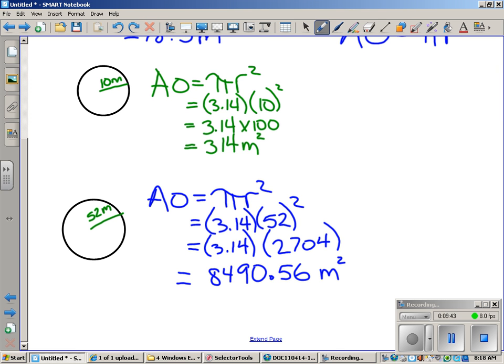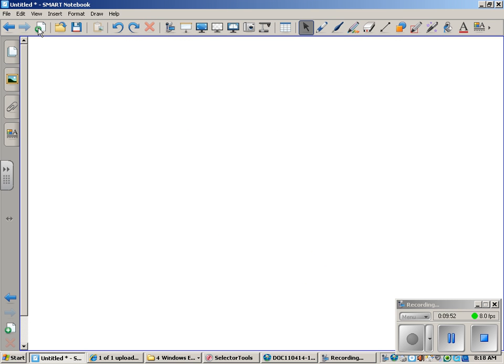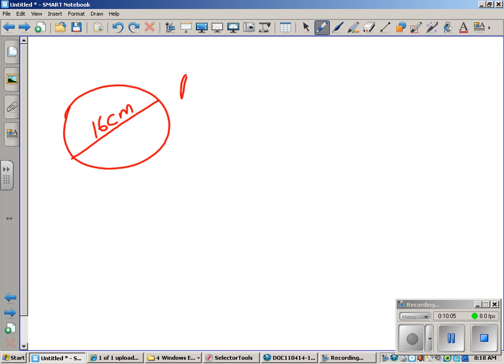I'm almost done, but I want to show you where we're going tomorrow, and you should almost guess where we're going tomorrow. What if I gave you a circle and told you what the diameter of it is? Let's say it's 16 centimeters, and I was still going to ask for the area.